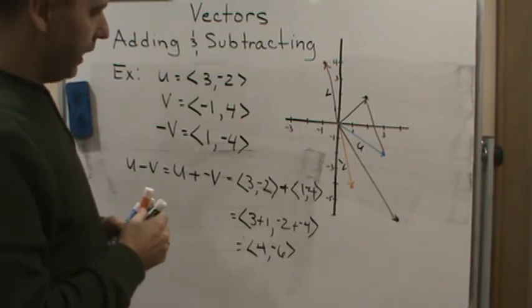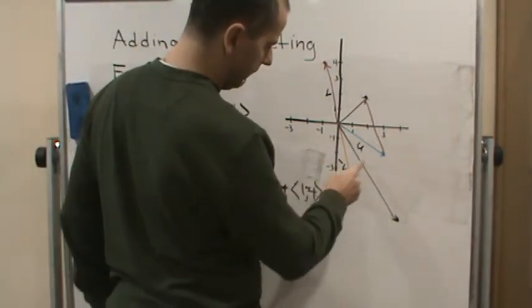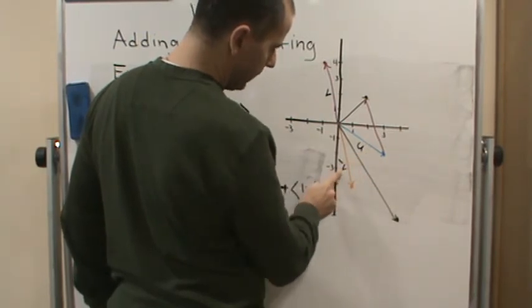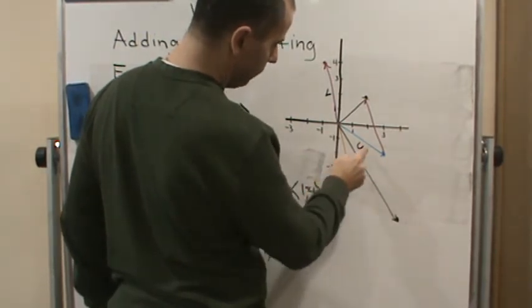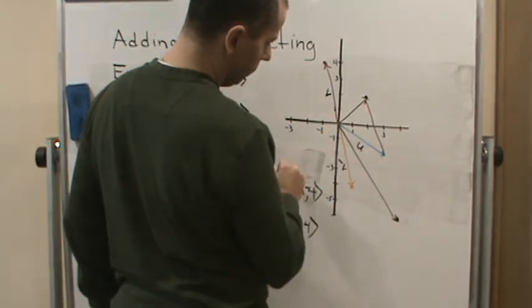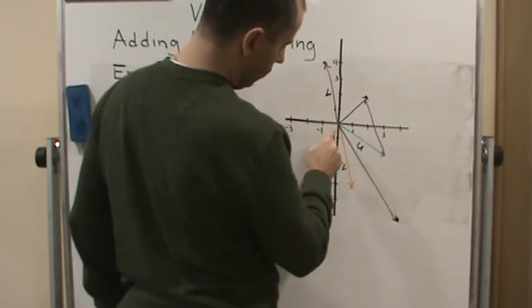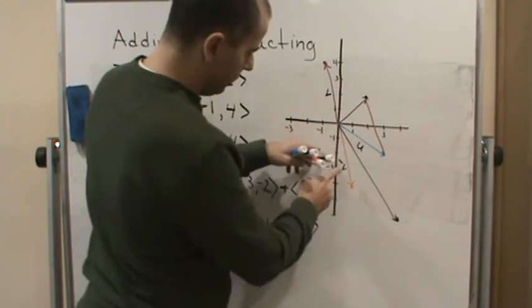Okay? Now, the resultant vector is going to be here. So to do it graphically, here's negative v, here's u. If we do u plus negative v, or if we do u minus v, what happens? You're going to take negative v, right?